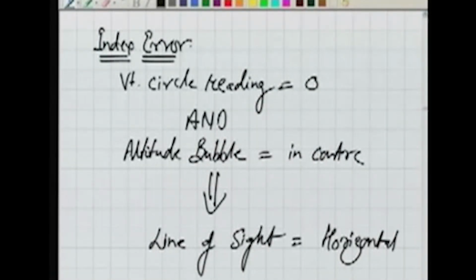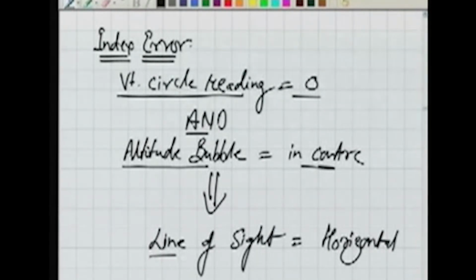What is index error? If our vertical circle reading is 0, and our altitude bubble is in center, in that case the line of sight should be horizontal, obviously, because when our line of sight is horizontal, our reading is 0, 0, so that makes our reference.